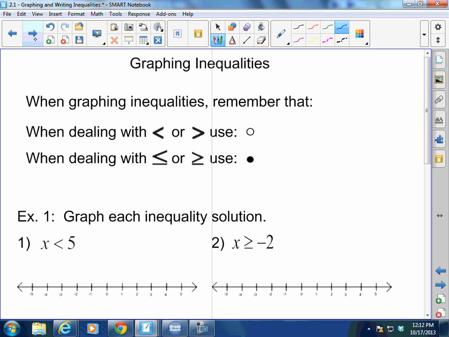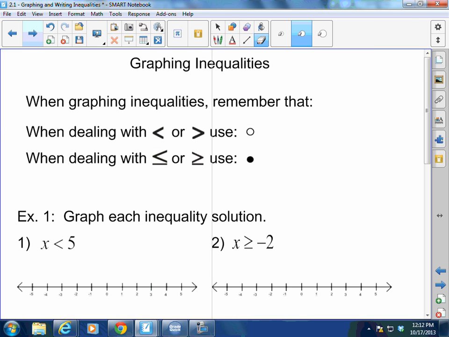When dealing with just straight up less than or straight up greater than, you're going to use an open circle. Don't do a square like I just did. I'm just showing you.